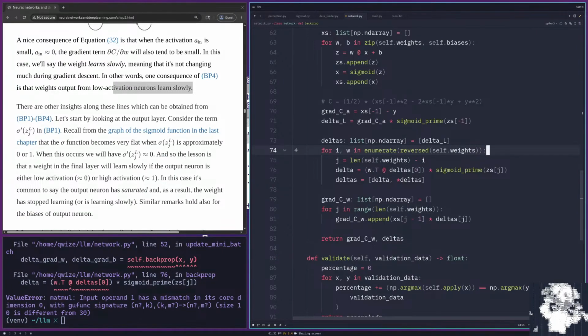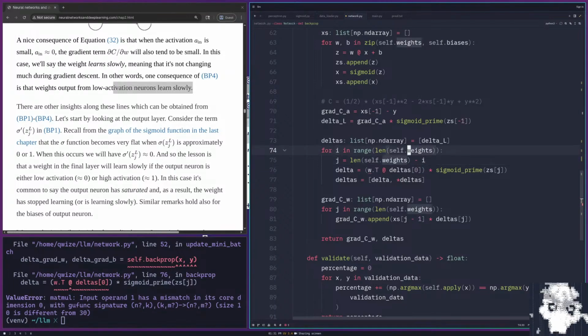So I want to iterate backwards over the weights. Maybe instead of trying to do that, I can just do for i in range len of self.weights.